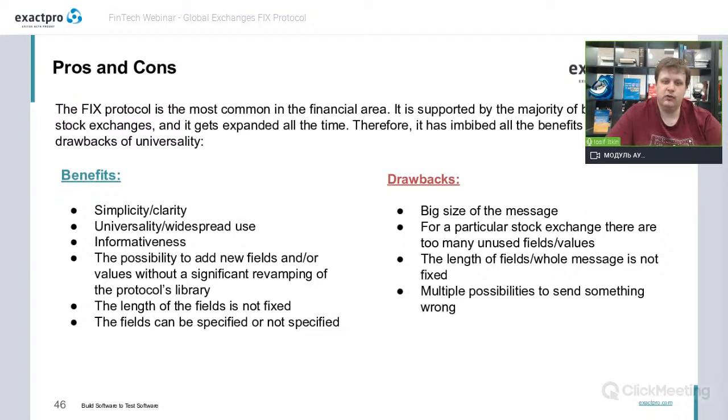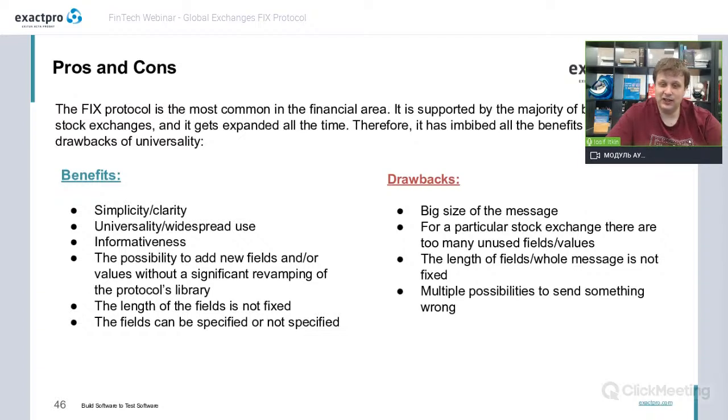For any particular exchange, there are too many unused fields. We are talking about thousands of tags and values, and you can see that even in large FIX messages there are only several dozen.